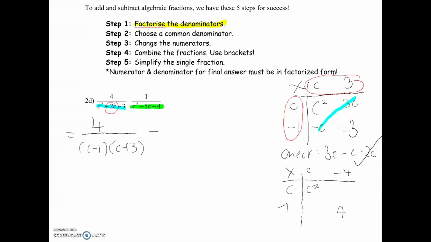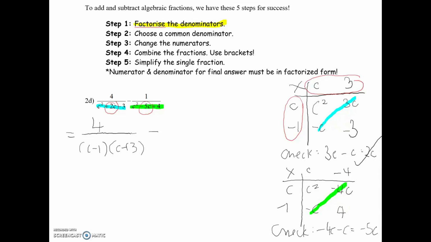Now let us multiply the terms together. Negative 4 times c gives you negative 4c. c times negative 1 gives you negative c. Next, let us check that when we add these two terms together, it should give us the middle term, which is negative 5c. So, negative 4c minus c does give us negative 5c.